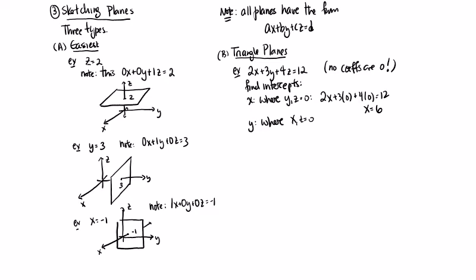You can actually just look at the equation and see what it would be, but I'll be really pedantic this time and write everything in. So here we got y is 4. And the z-intercept, this is where x and y are 0. This is 2 times 0 plus 3 times 0 plus 4 times z equals 12. So z equals 3.